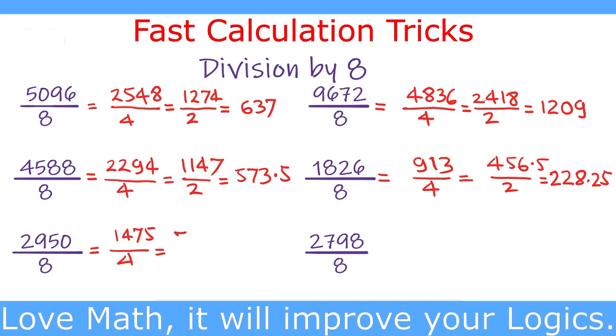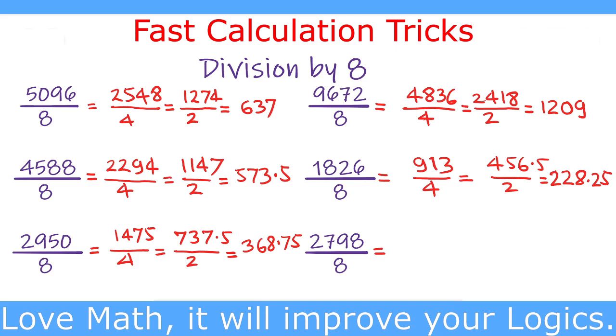So this is 737.5. We further half 737.5. Half of 700 is 350 and half of 36 is 18. So this becomes 368. Now half of 1.5 is 0.75. So this is 368.75. We go to the next question.